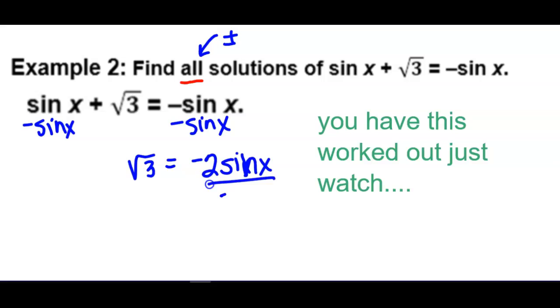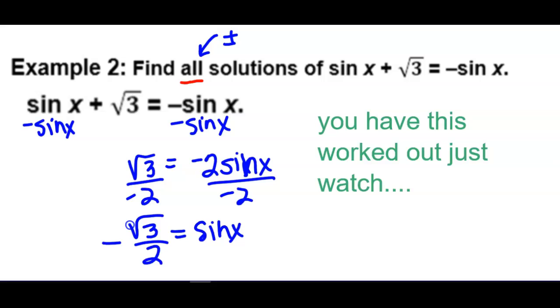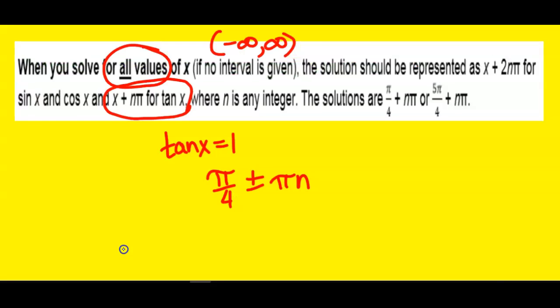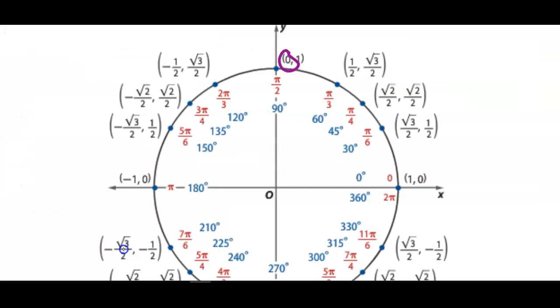And then I'm going to divide both sides by negative 2, however you want to do it to isolate it, but you get the sine of x is the square root of 3 over 2, and it's negative. So then you go to the unit circle again. I have a copy here somewhere.